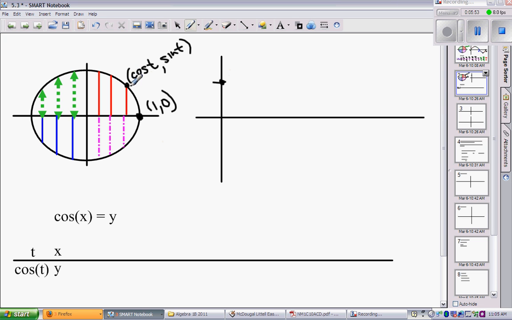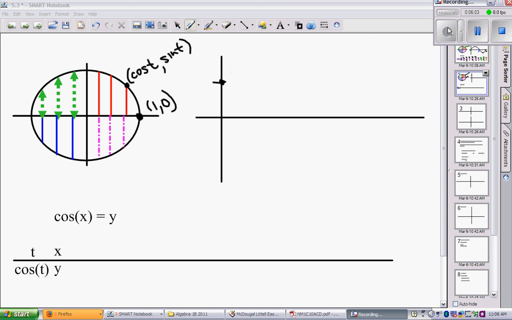Our cosine of our next value is going to be a little bit less than 1 because we're looking at the x value, the distance away from the origin. So it's not quite 1, so it's a little bit less.